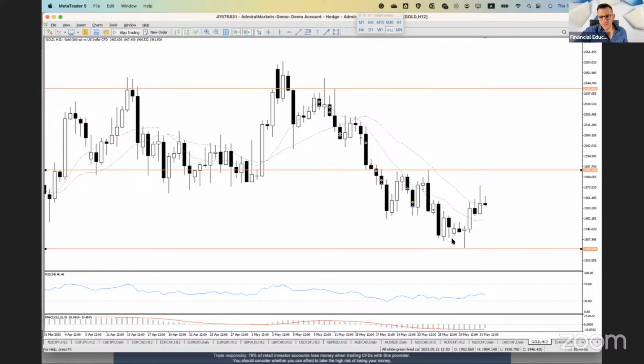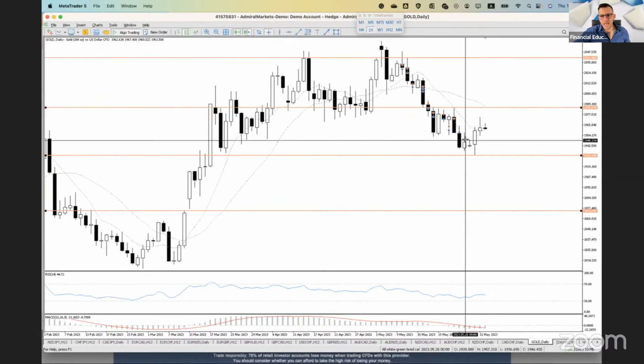Anyway, we had this rejection here, a couple of inside candles, rejection followed that. So price bounced upward. The problem now, price bounced upward, bullish engulfing here, but big rejection from the seller. So it doesn't really give me a strong edge to say, okay, I'm going to sell now or I'm going to hold. Let's check the daily chart.